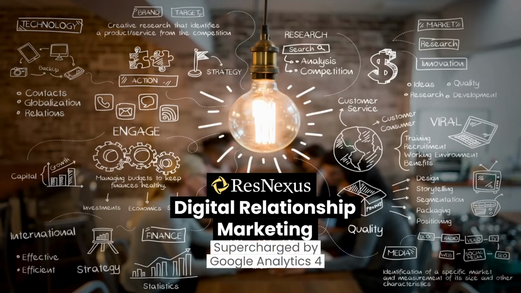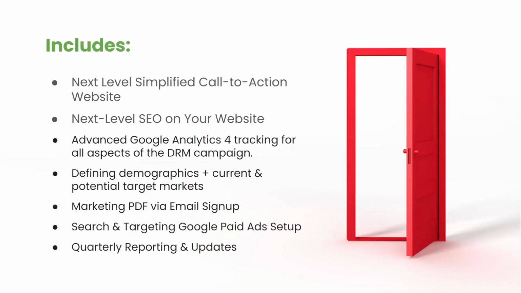The next big thing is our digital relationship marketing. We are using Google Analytics 4 to create a really special digital marketing system for your business. Included in this, we have next level simplified call to action websites.